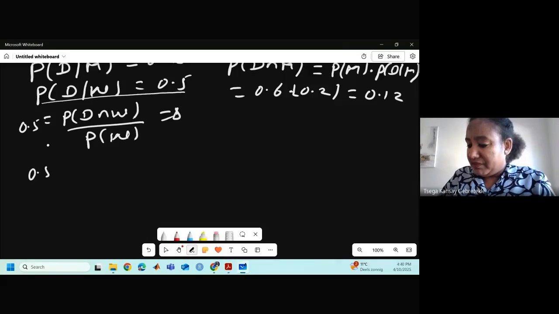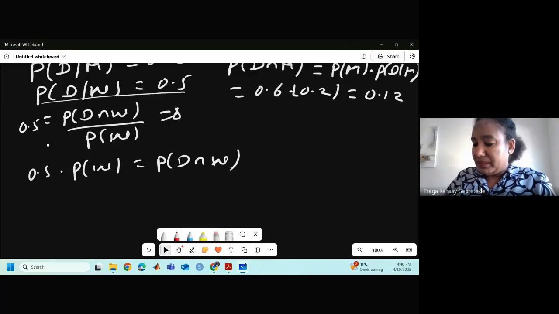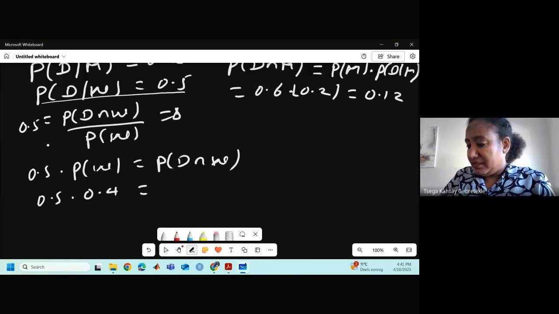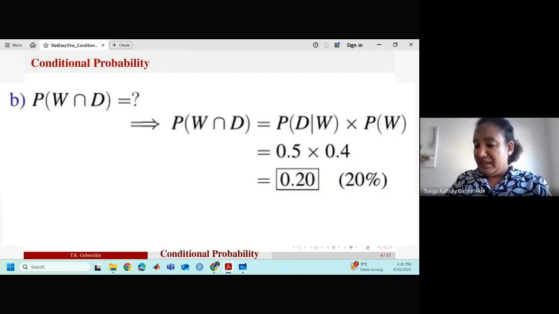So 0.5 times the probability of W is the probability of D intersection W. The probability of W is 0.4. So 0.5 times 0.4 is the probability of D intersection W, and this is 0.2. So B is 20%.